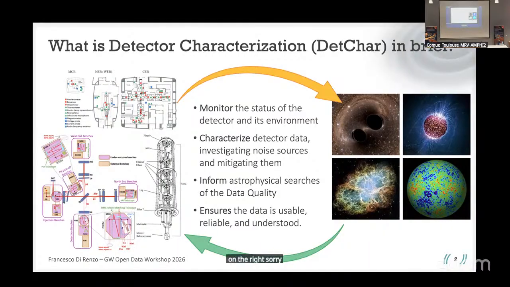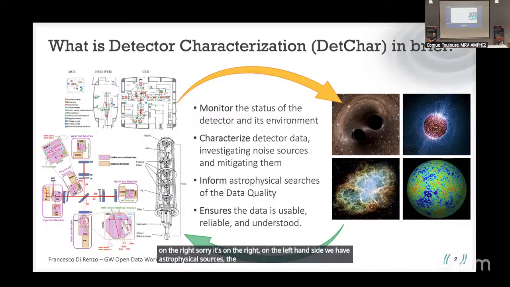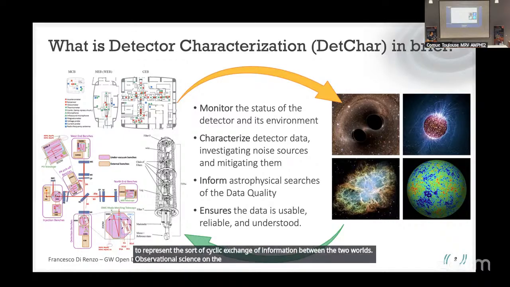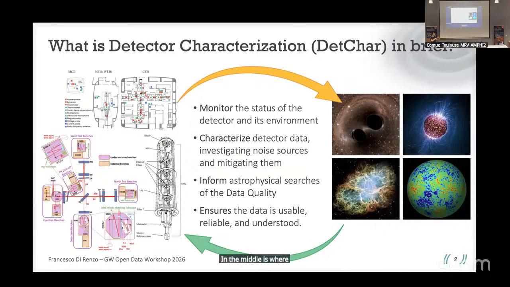On the left-hand side, we have astrophysical sources, the main 4 sources that Viola introduced yesterday. And the most important thing of these slides are the 2 arrows, one pointing to the left and one pointing to the right, to represent a sort of cyclic exchange of information between the 2 worlds, observational science on the left-hand side and instrument science. In the middle is where detector characterization stands.